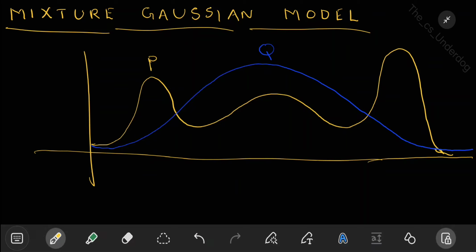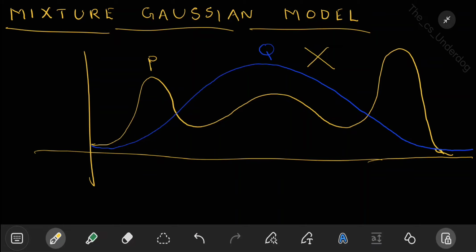This P I'm trying to approximate using a Gaussian. But because this Q is a single Gaussian distribution, I'm not able to get a clear approximation of P. You can see that at many points, the value given by Q and the value given by P are way different. So Q is not the right approximation of P.